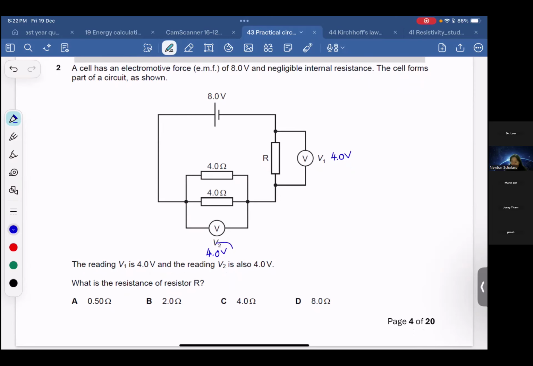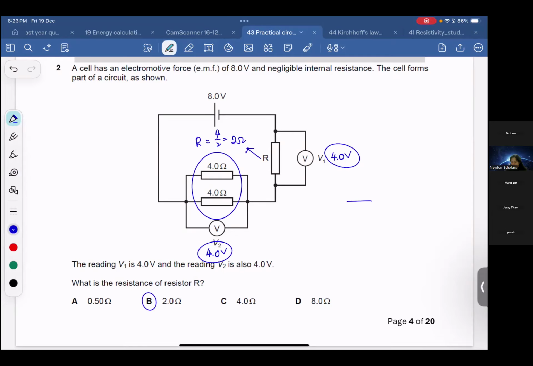Okay, 4.0 volt here, also 4.0 volt here. What does that mean? It means both of them must have the same resistance. Fatima answered correctly. So this one is connected in parallel, which means the resistance for this part should be 4 over 2, which is 2 ohm. So your R here is also 2 ohm. The answer should be B.